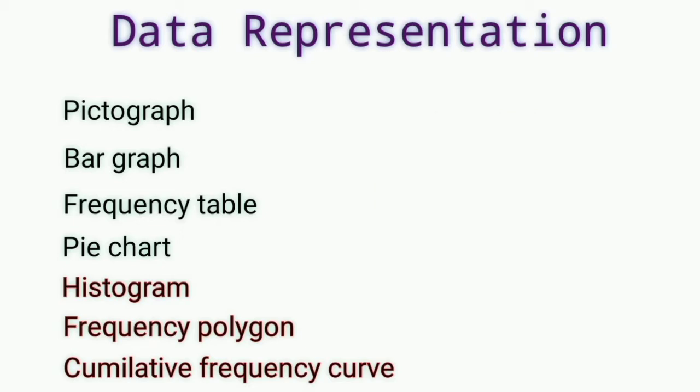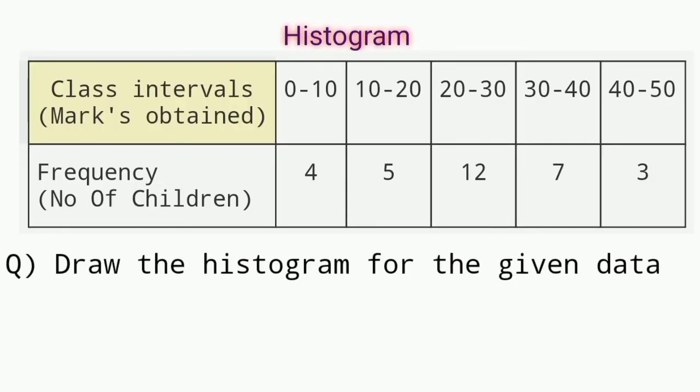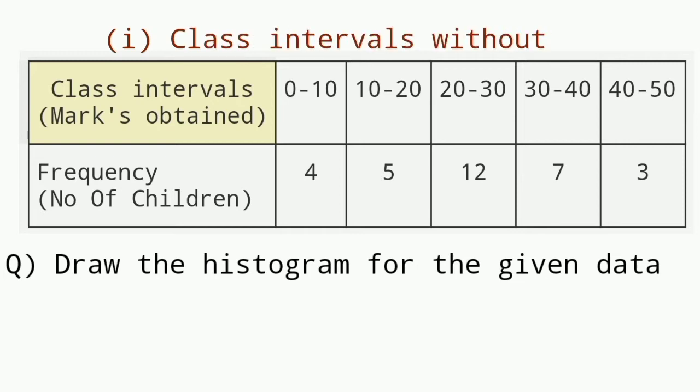Today we are going to learn histogram first. This type of question you will get in Mathematics 1 B part, structure type question. First we are going to see when they give data without class intervals having any gap.